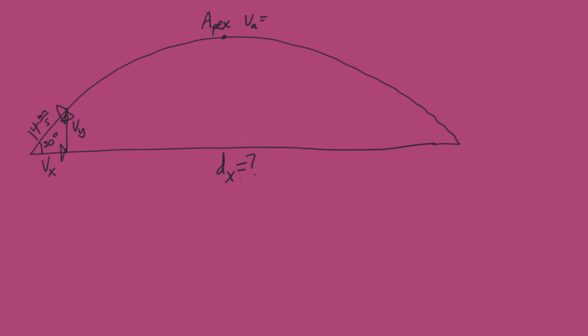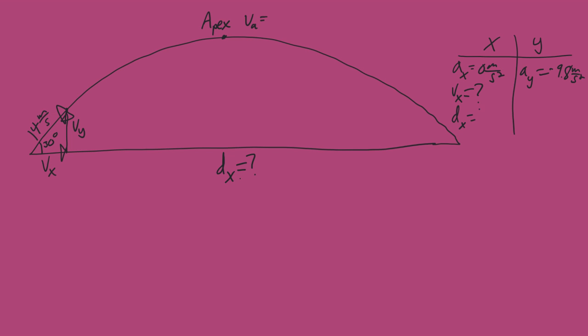So the first thing that we should do is we should make our XY table. So we know the acceleration in the x always is 0 meters per second squared. And we know the acceleration of the y is always going to be negative 9.8 meters per second squared. But the velocity in the x direction is unknown.